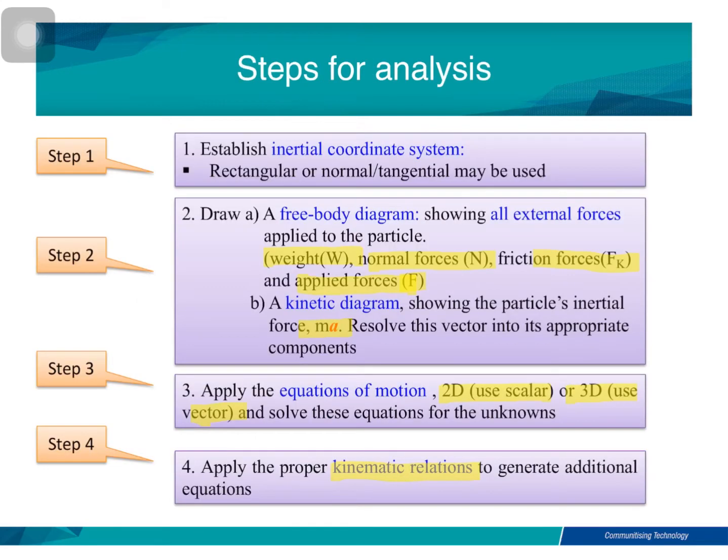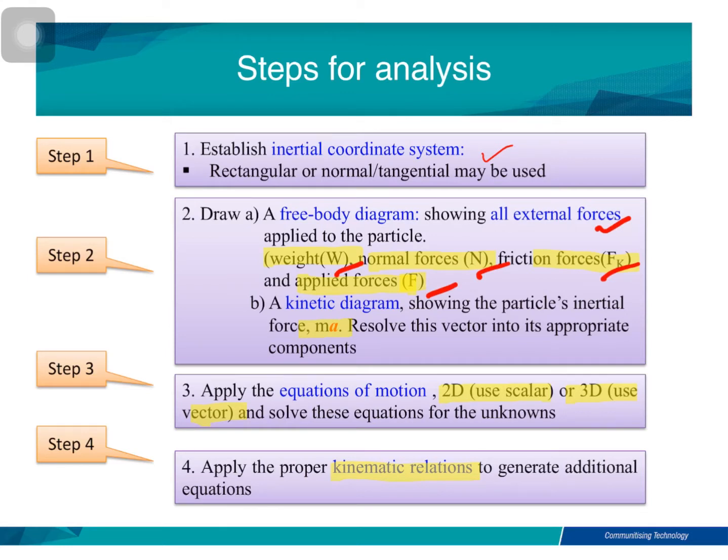Now what are the steps for analysis? As in the previous lecture, we have 4 steps. Number 1, we need to establish the inertial coordinate, so now we have rectangular x, y, z. Number 2, you need to draw the free body diagram to show all the external forces. What are the external forces? You have the weight, normal force, friction force and applied force, and also the spring.